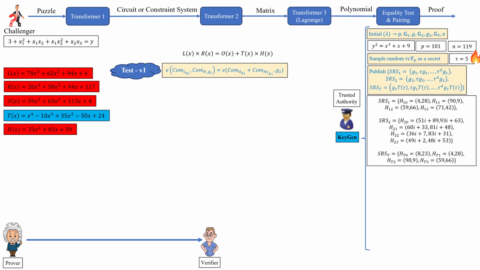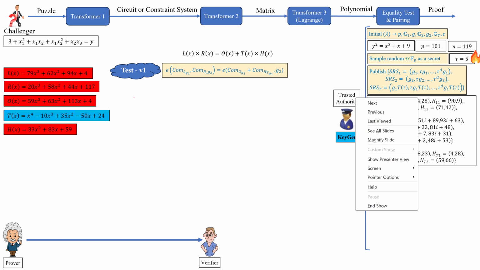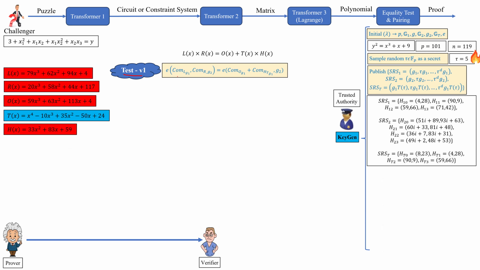We give knowledge from the architecture of the circuit into the public parameter. Okay, let's see how. The first version of the test was this one, right? We discussed that this is not enough. We want to revise this test.